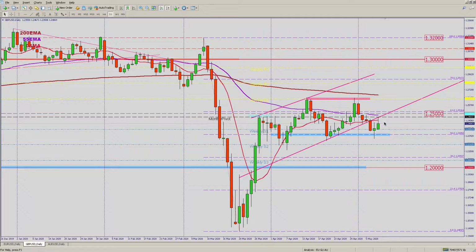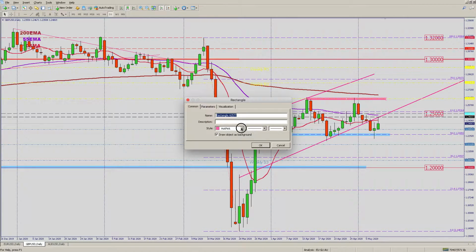Let's remove this for now. That's the major resistance zone just below the daily 200 EMA.